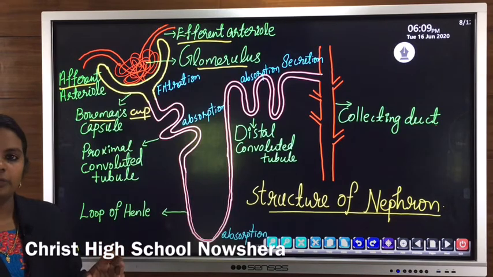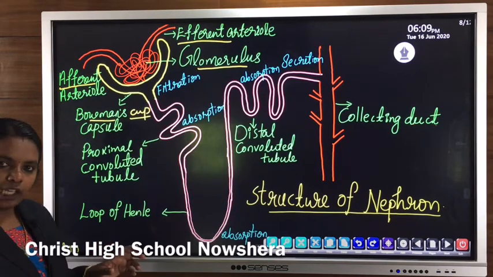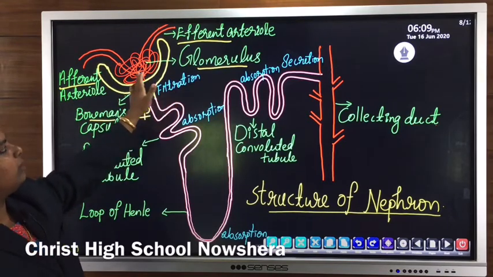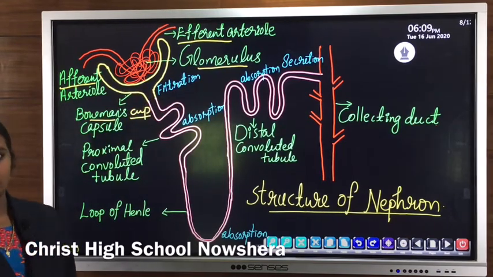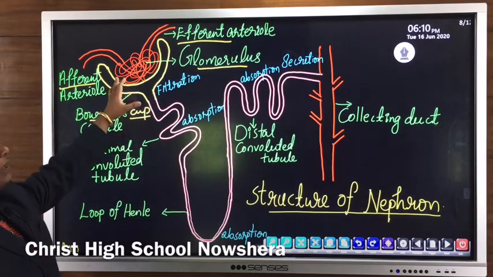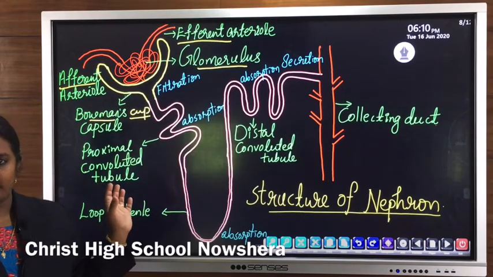So the Malpighian body consists of these two parts: Bowman's capsule, the cup-shaped structure, and glomerulus, the blood capillaries.